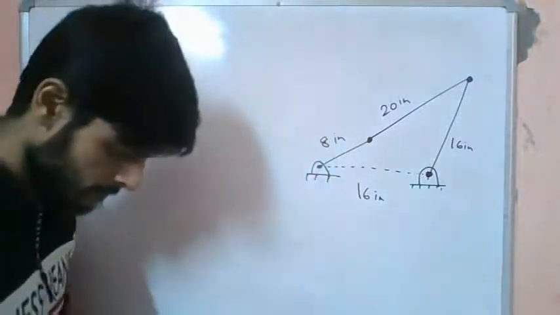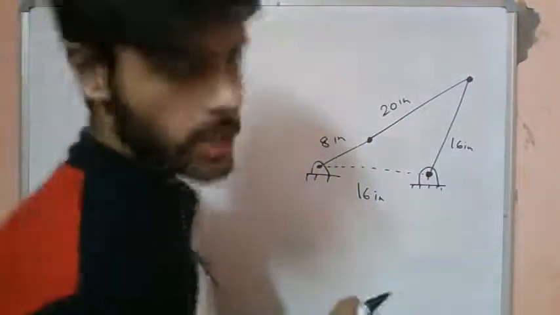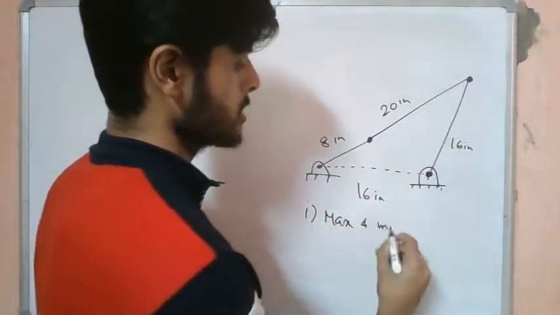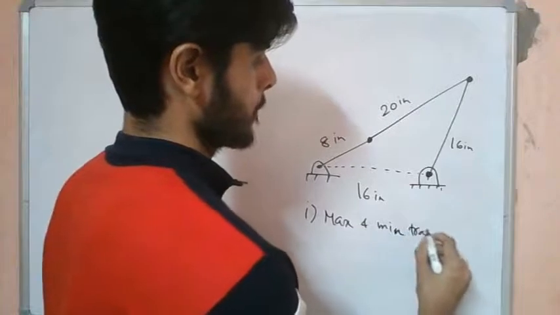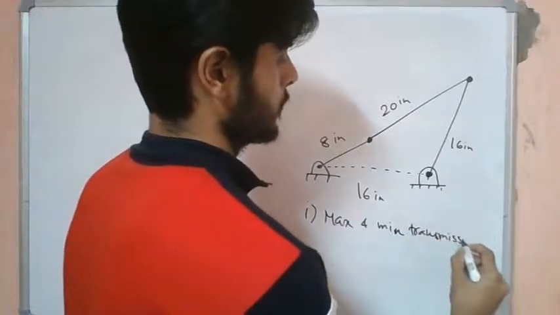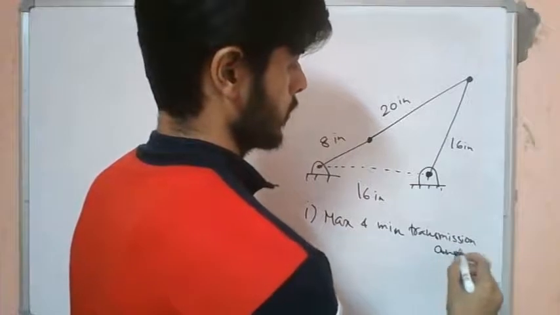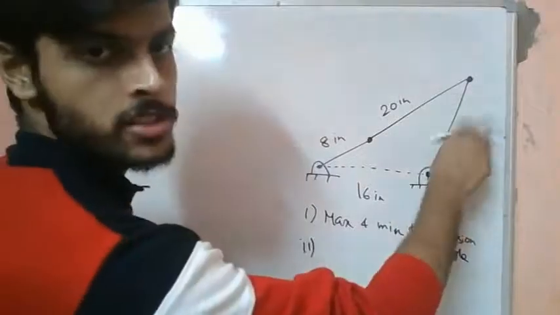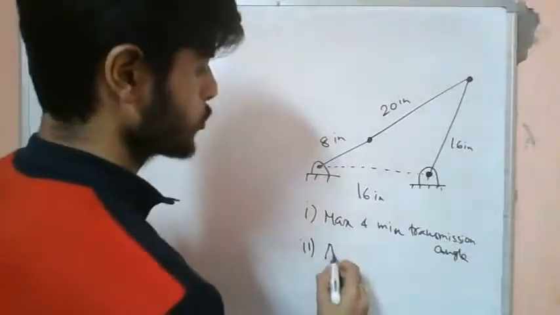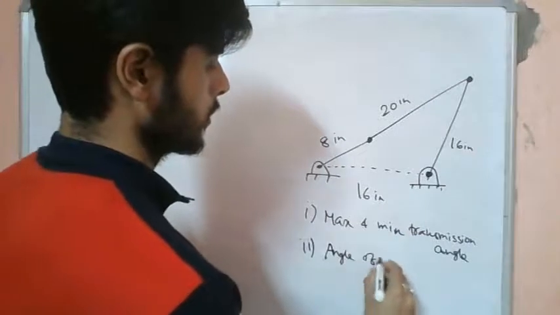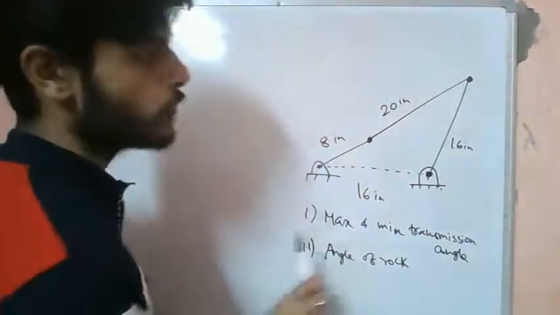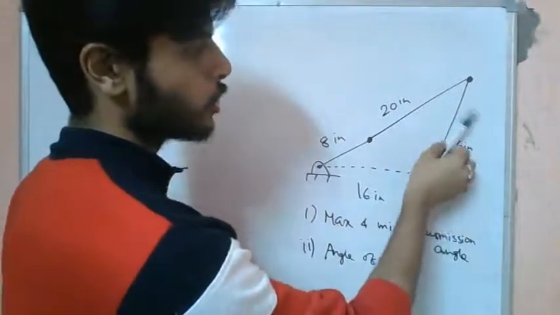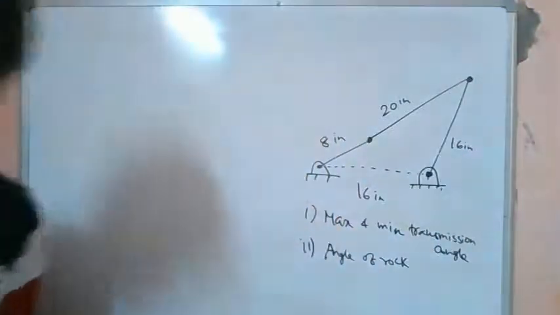We are required to find out, number 1, the maximum and minimum transmission angle, and number 2, the angle of rock of the output bar, that means how much this angle is rocking. So we are required to find out the angle of rock of this output bar. Let's try to solve this problem.